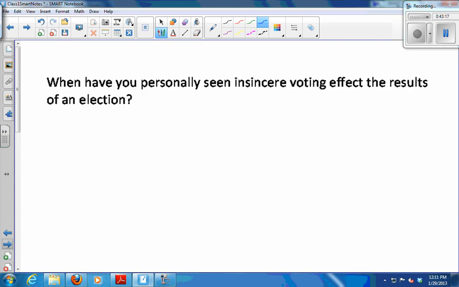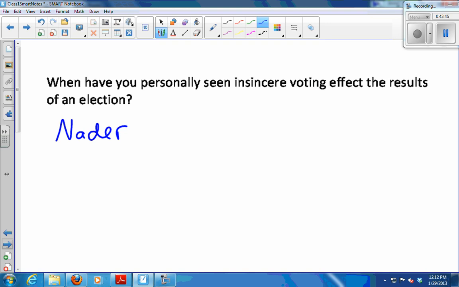Where have you personally seen this before? Yes. Nader was the wasted vote, the spoiler. And Ross Perot. Third-party candidates in general have a really hard time gaining traction because people feel like they're wasting their vote.